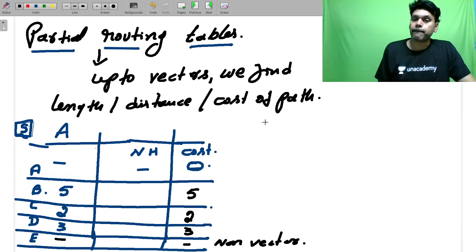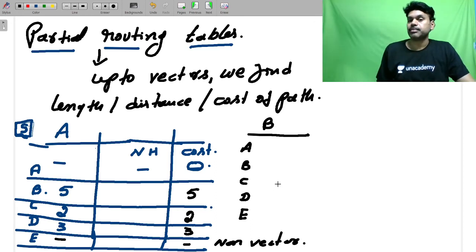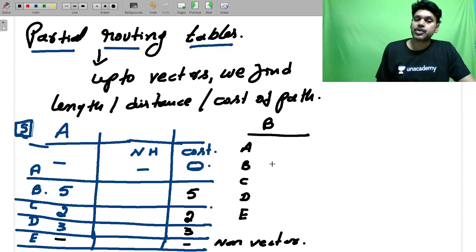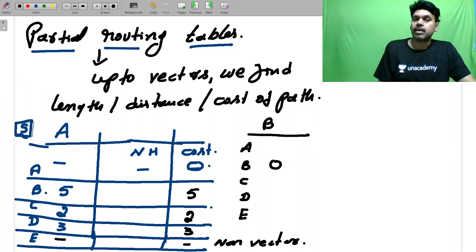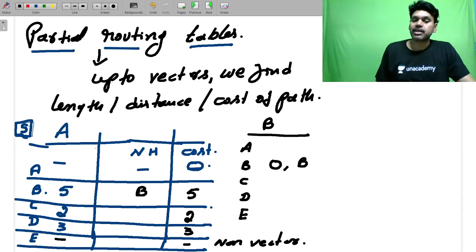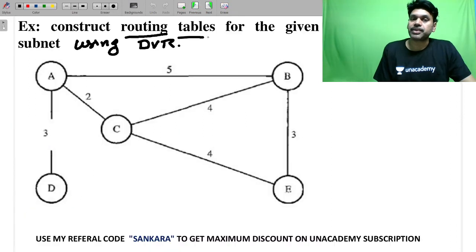And what about B? So B to A, B, C, D and E. B to B is always 0. What is your next hop? B only. If you want me to write next hops, I will write. The immediate next hop for A is A, for C it is C, and for D it is D. I don't know about E. And B to A, how much? A is B's neighbor. Bidirectional it is.